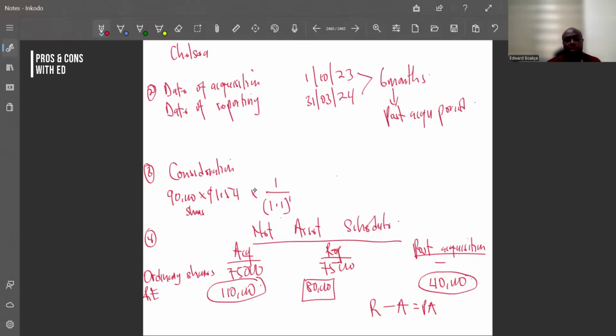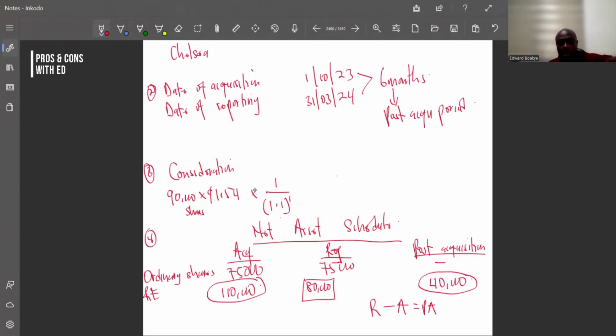Simply, it is going to be the acquisition plus the post-acquisition figure. So that tells you that at the reporting date, that year has given us 80,000. And the previous years has also given us 70,000.